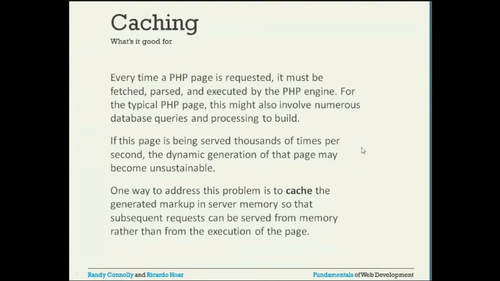What that means is the number of requests is high for that kind of page. If every time we try to generate it dynamically, going through this cycle of fetching, parsing, executing, then connecting to the database or doing some processing and then giving the page, this will either slow down the web application or is not at all practical.